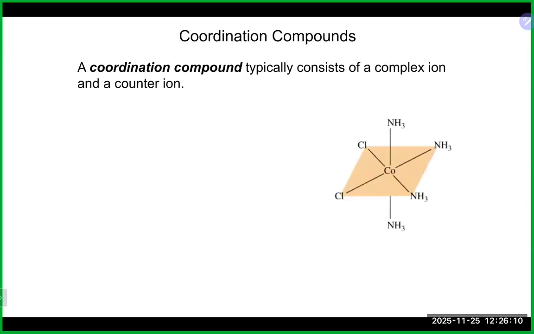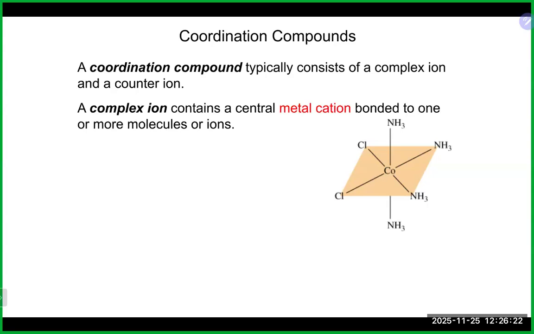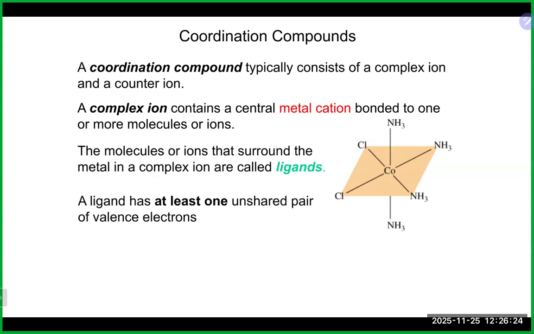All right, now that we've hopefully reviewed some of that stuff about transition metals that you should know, let's get into really the heart of the chapter, which is about coordination compounds. A coordination compound is basically kind of like an ionic compound.